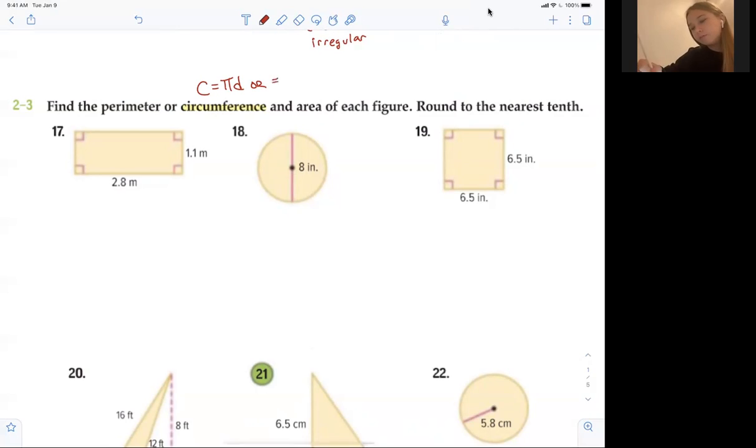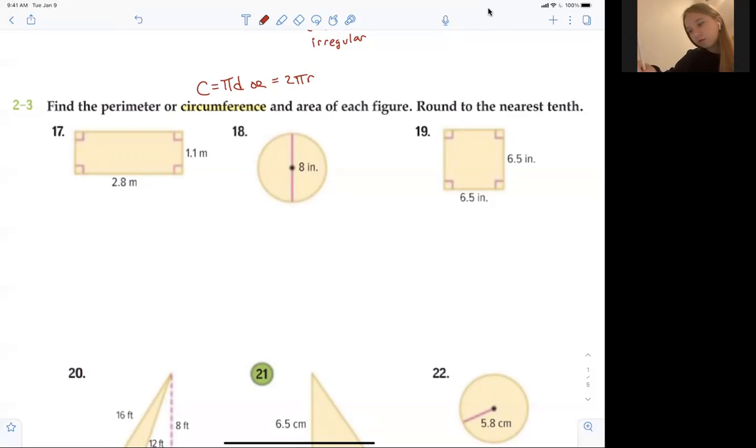The other formula, 2 pi r. Those are your options. If they give you the diameter, just multiply by pi. If they give you the radius, multiply by 2 and then multiply by pi. Same thing.